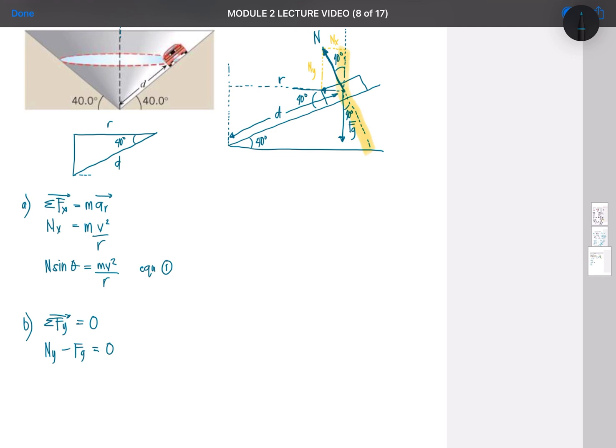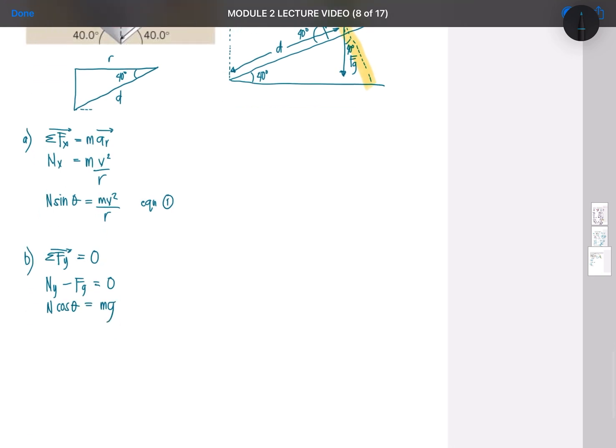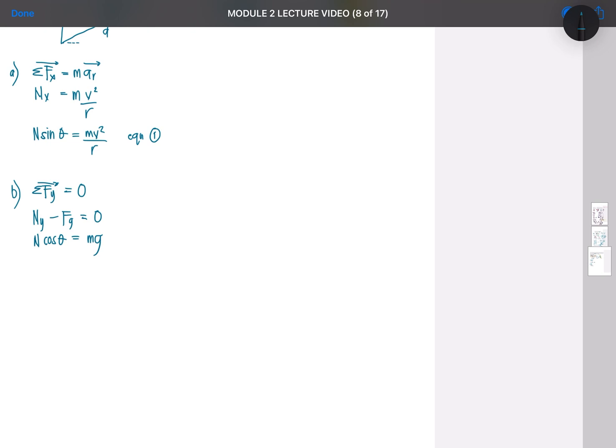And so if you're going to expand that, that is now n cosine theta is equal to mass times acceleration due to gravity. And so isolate natin yung n, that is now mg over cosine theta. And so we keep this as equation 2.